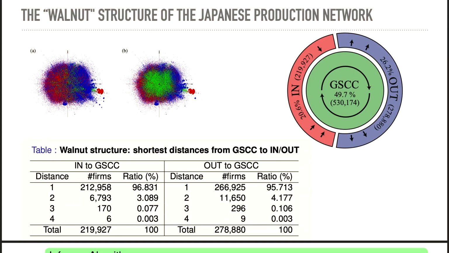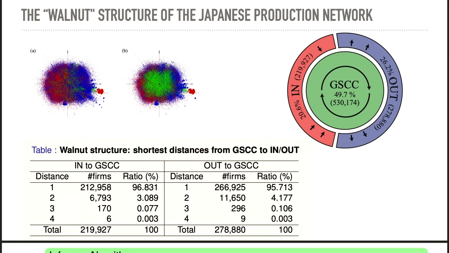What were the red and blue blobs, satellites to the moon? Green is the core, part of it. No, probably that will come as a community maybe later. Those are somewhat far from the GSCC, with a path length of 2 or 4 or something. No, green is the GSCC and the red is the in component, so the in component and GSCC are still connected here.